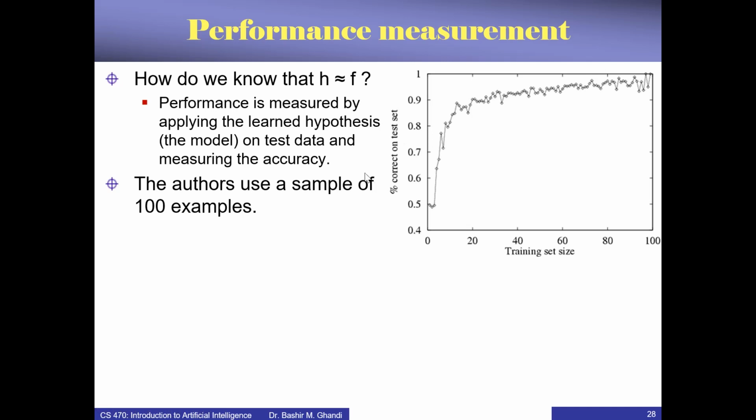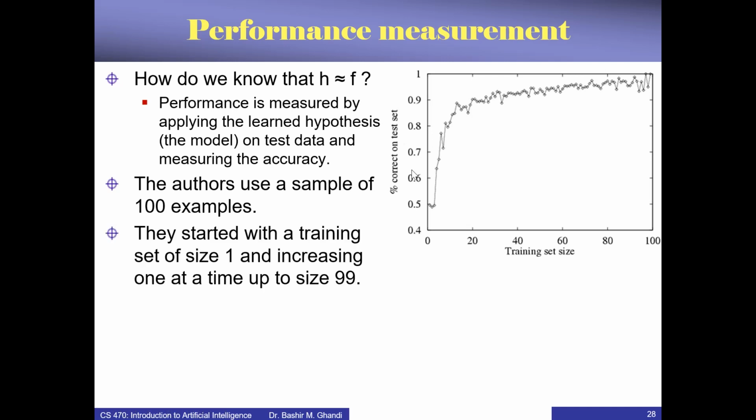According to the authors, they started off with 100 examples. And then they started with a training set of size 1. And they increased the training set by 1 each time until it reaches 99.